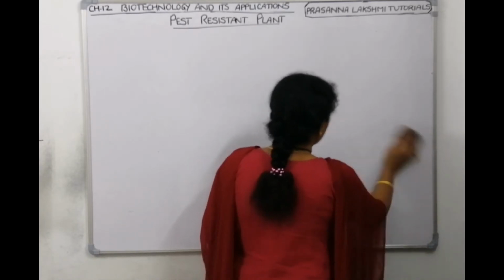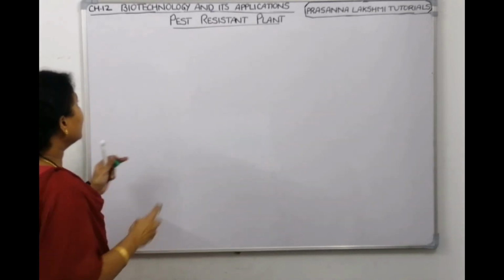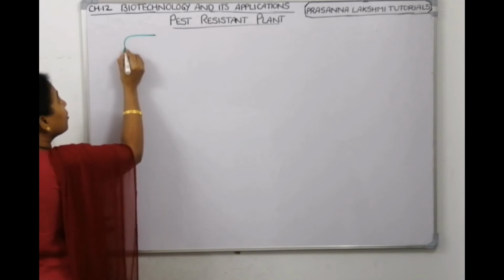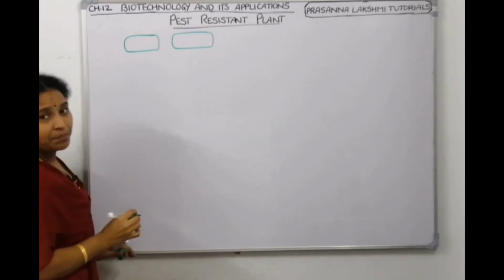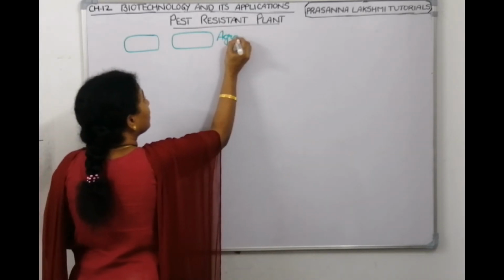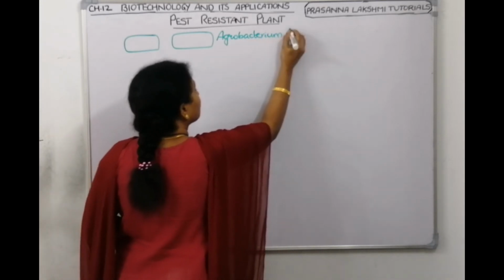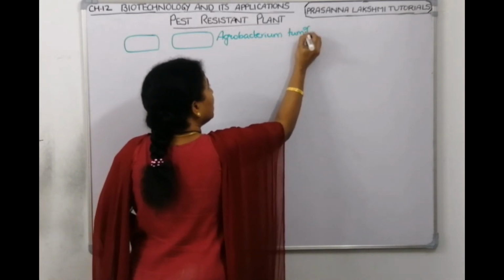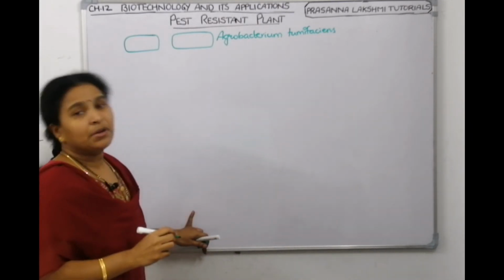For Bt cotton also we used it. I am borrowing two bacteria, both called Agrobacterium tumefaciens.